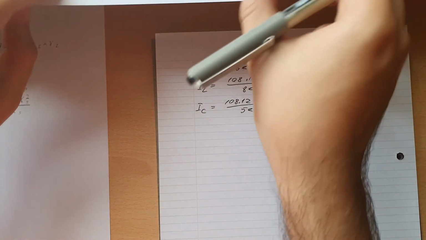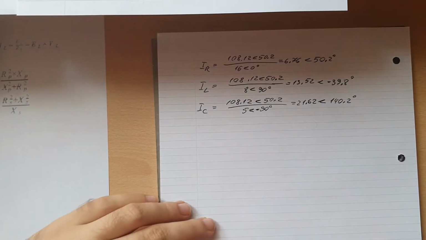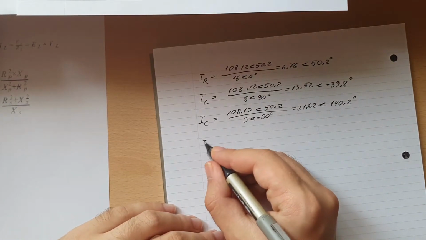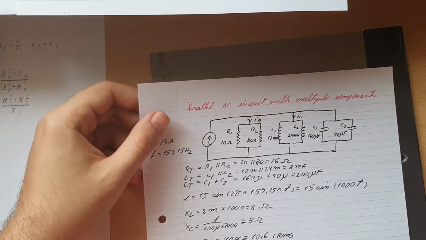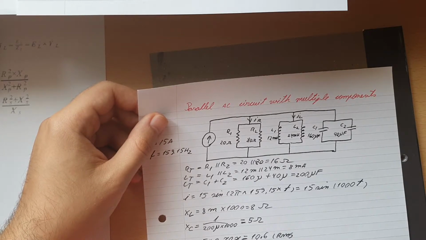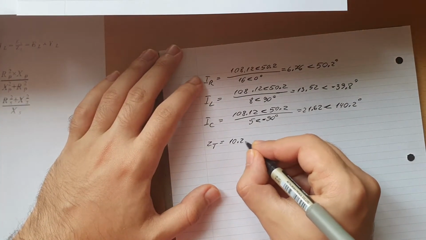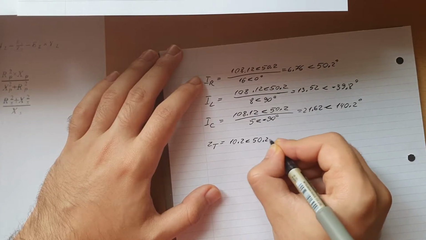So if I have my notes here, okay, just to make sure. So then ZT, we know, it's got a value of 10.2 at an angle of 50.2 degrees.